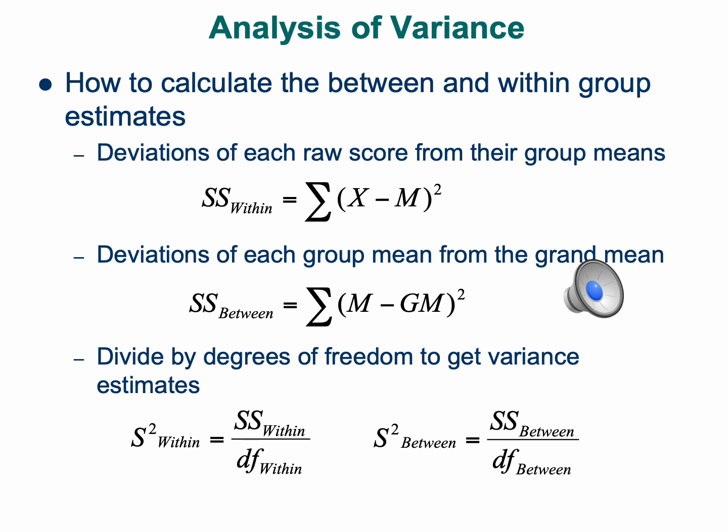And what you're going to do is subtract the mean of a sample from the grand mean and square that. Say you've got 3 groups. They each have a mean. That's M. Subtract the grand mean from that number and square it. Then add those together. And that's the sum of squares between.